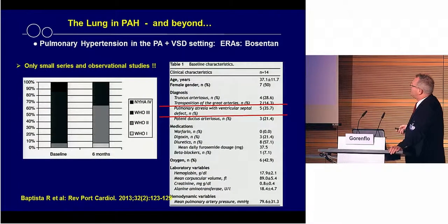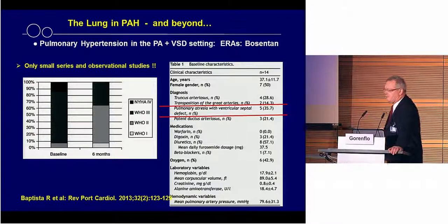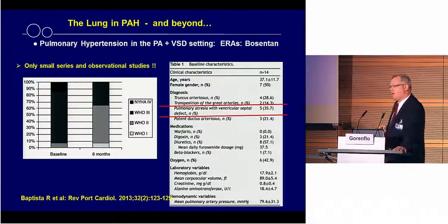And I'm not so positive as my colleague Michael Hofbeck with respect to the data that are out on treatment of patients with pulmonary atresia with VSD with all these pulmonary antihypertensive substances. The only thing I want to show you is a series of pulmonary atresia patients.